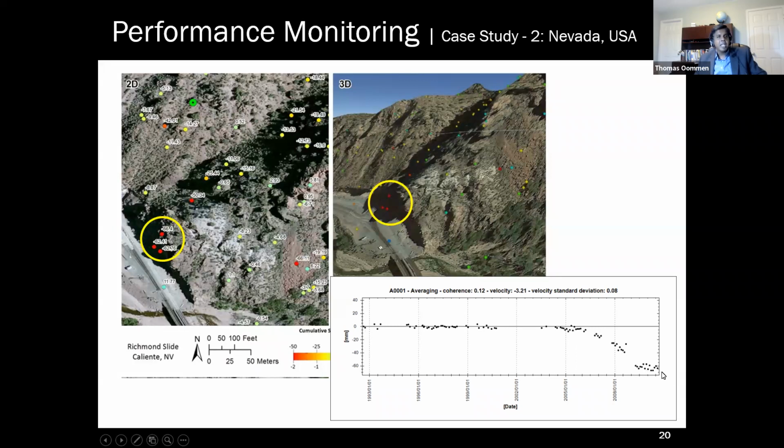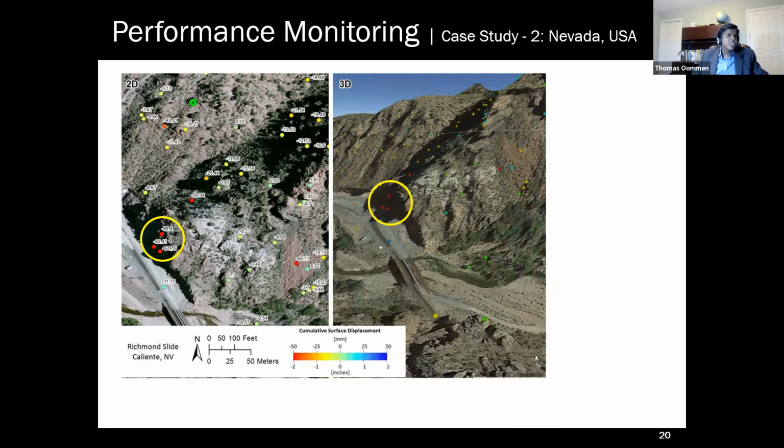And then by 2010, there was about 60 millimeters of movement. So till 2005, this slope was stable, no movements. Then suddenly it started moving. What is the reason? So we started digging through the literature to see, was there an earthquake event happening here, or is there anything that was going on?